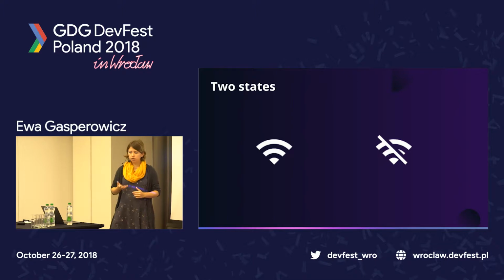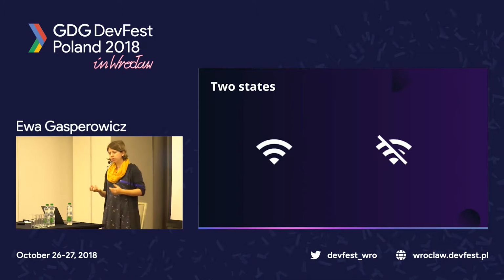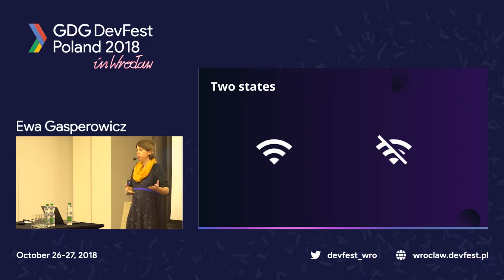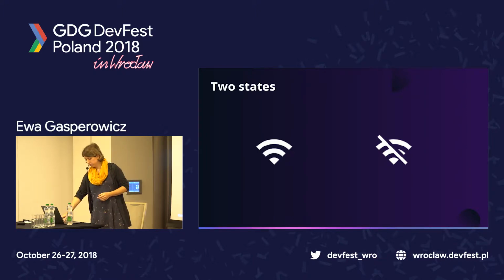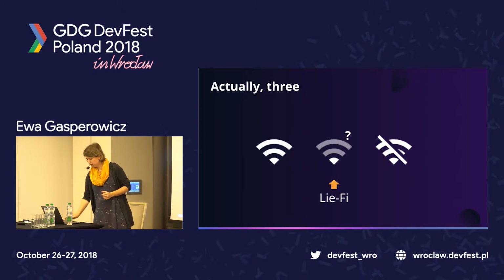In particular, the user could be in only two different states. They could be online, and then the web and internet kind of worked, and offline. And then even opening your browser was a useless task, right? Like nothing worked offline. So life was nice and simple, and sometimes useless.